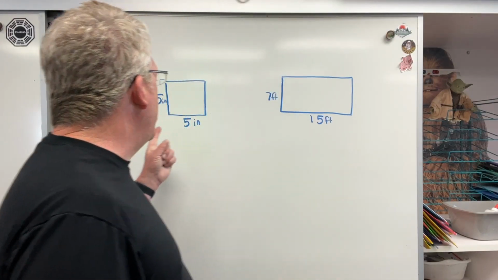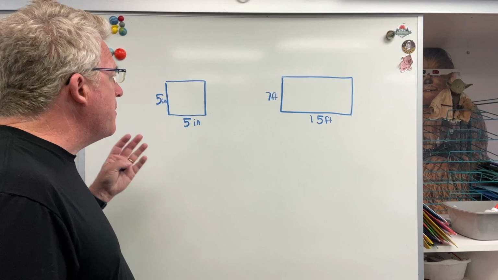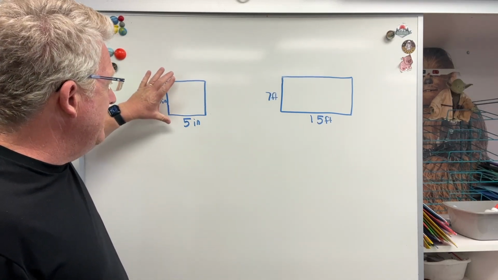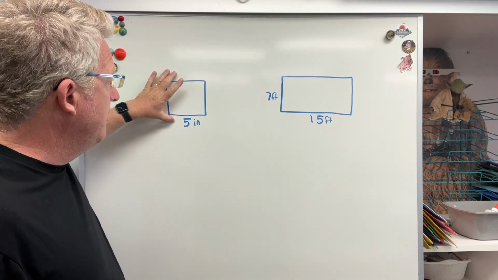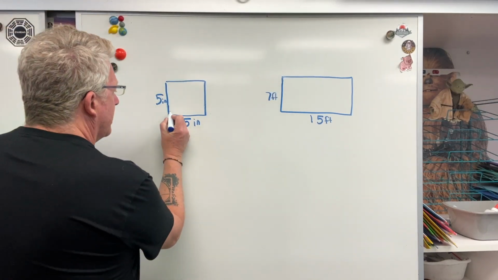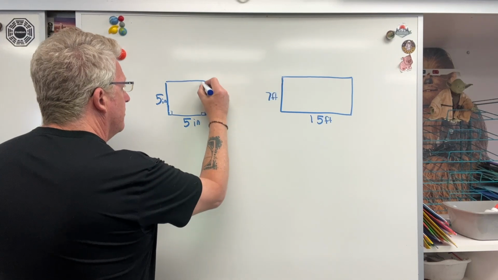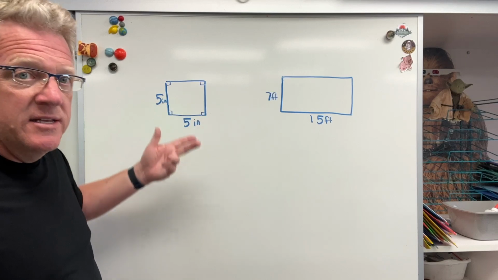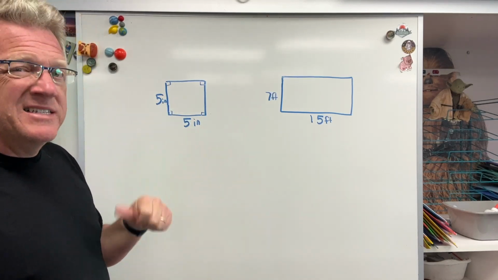We have 2 different examples. Please remember that a rectangle is defined as a 4-sided shape with 4 right angles, so we're going to have these little 90-degree corners here. This looks like a square because it is. Remember, the square is an example of a rectangle.